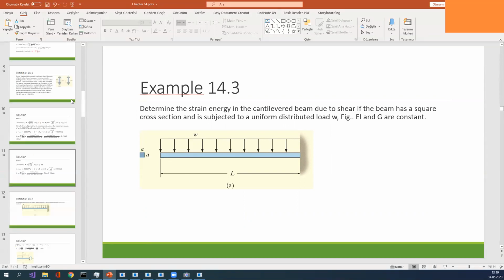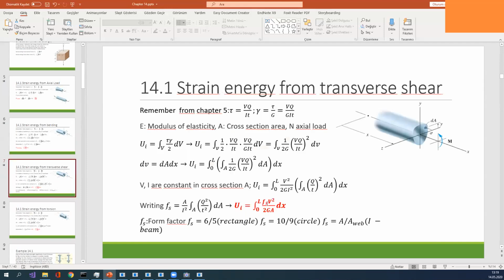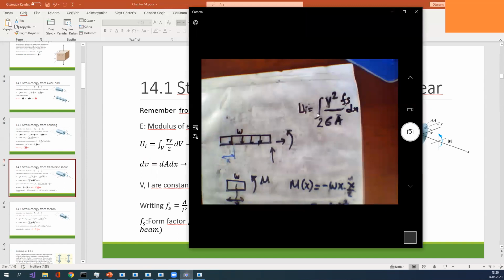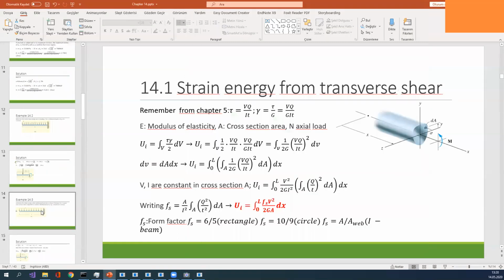Let me check our formulation. The strain energy due to transverse shear is equal to Fs times V squared over 2GA dx. I want to update it to my formulation: the integral of Fs V squared over 2GA dx. Sorry, I forgot to open my camera. I wrote this formulation in here. So I want to go back to the question.